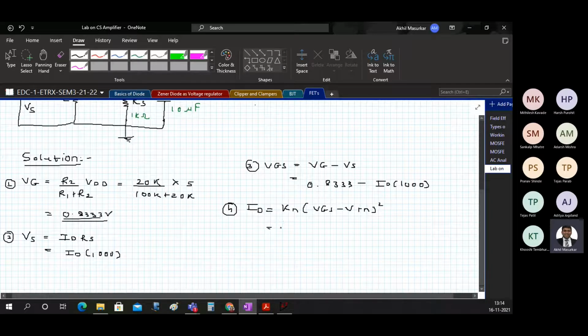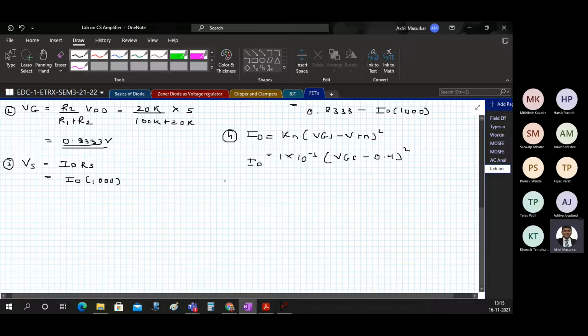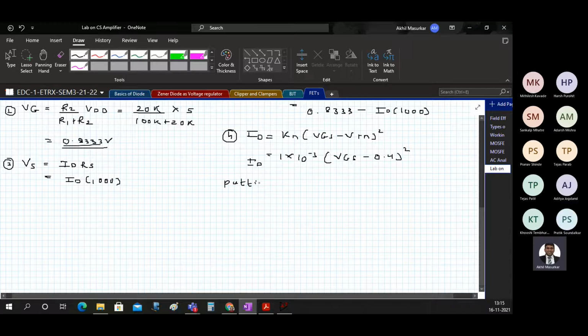The value of Kn is 1 into 10 raised to minus 3, and VGS is not given to us. So that will be VGS minus 0.4 the whole square. This is the value of ID. So now what we'll do is we'll see here, putting 4 in 3.